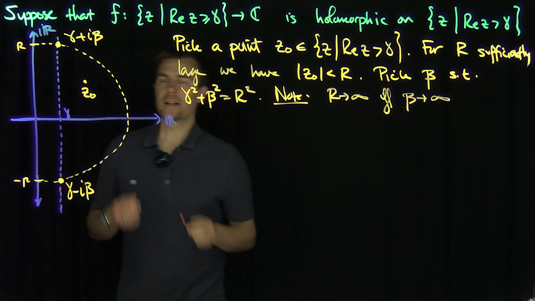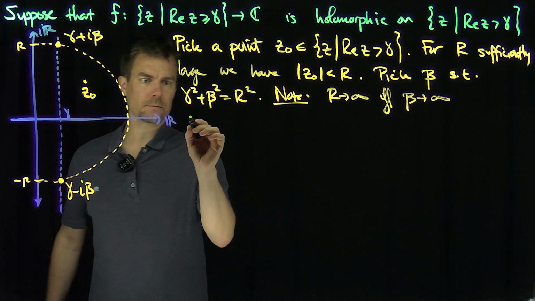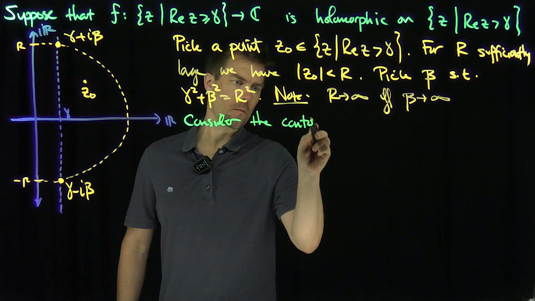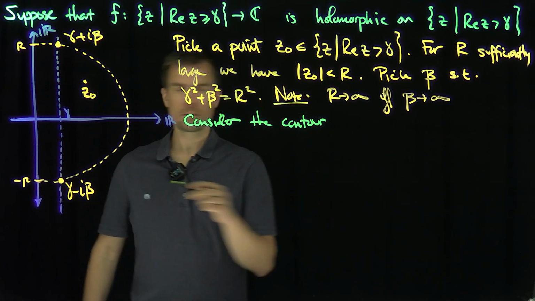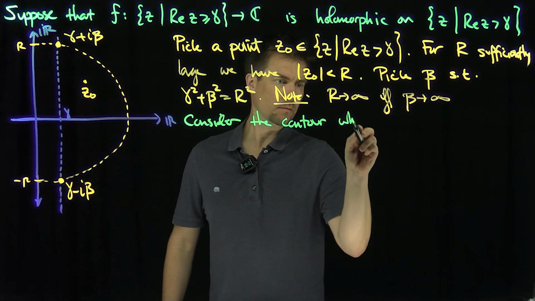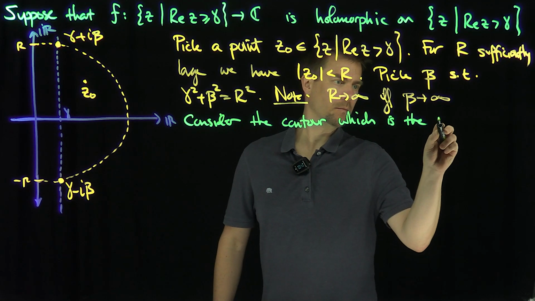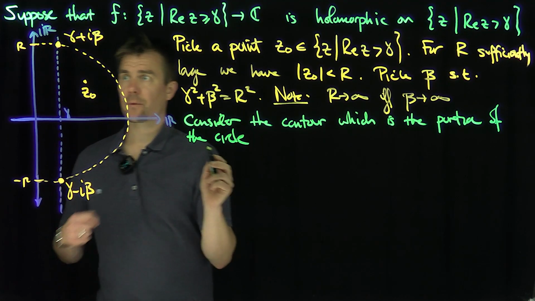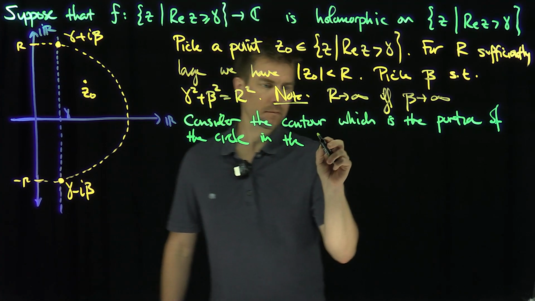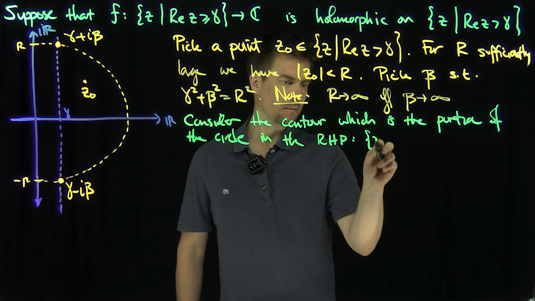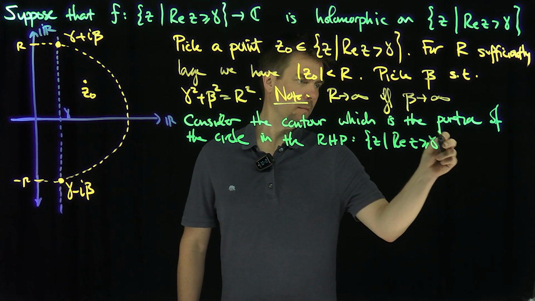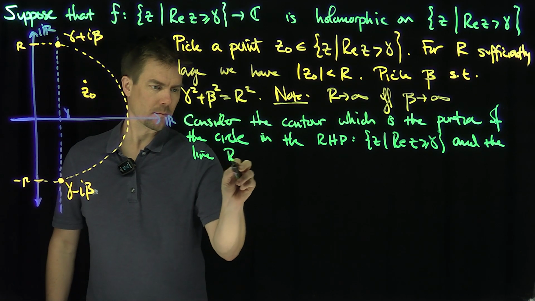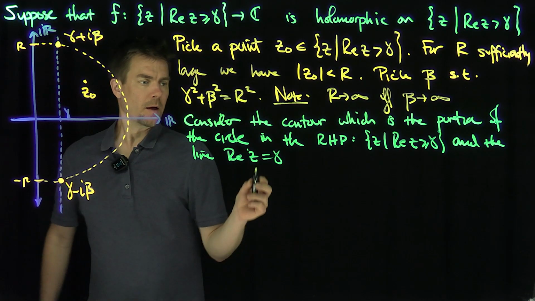Okay? Excellent. And now let me consider the following contour. Consider the contour which is the circle in the right half plane, together with the line, to make a closed curve.